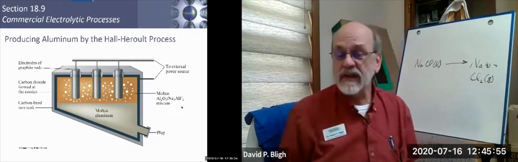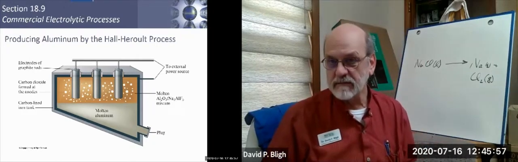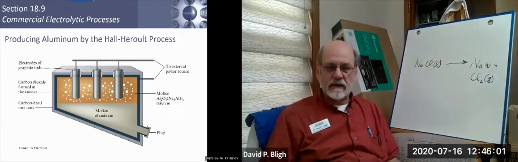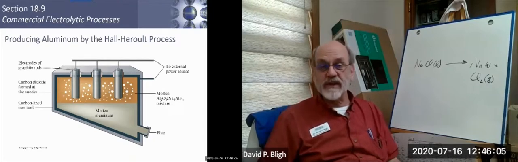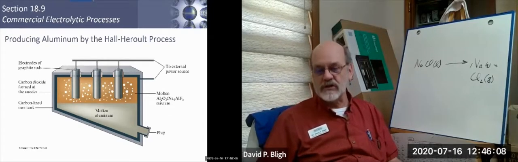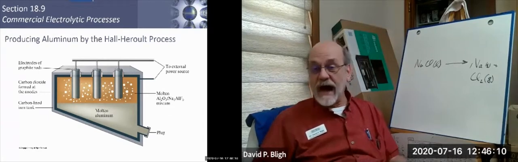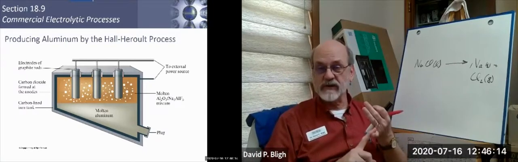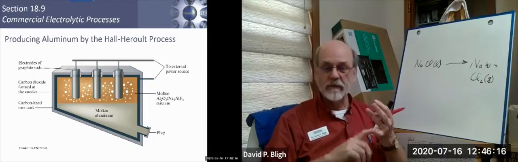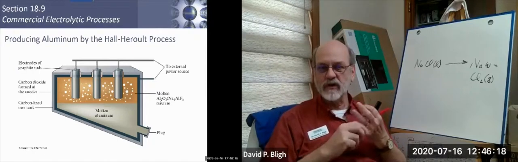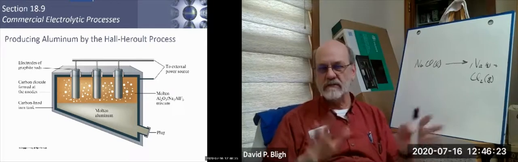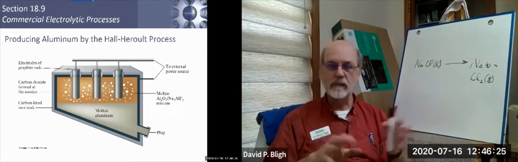But the other thing you need is lots of electricity. Huge amounts of current are required. So that's why aluminum processing plants are set up in areas that have abundant energy. Either coal, right, in western Pennsylvania, where you have lots of coal, and you can burn coal, make electricity, send it to the aluminum processing plant, and you're good to go.